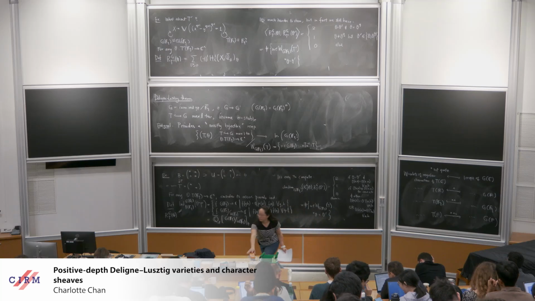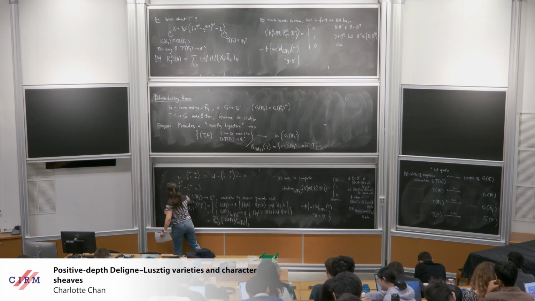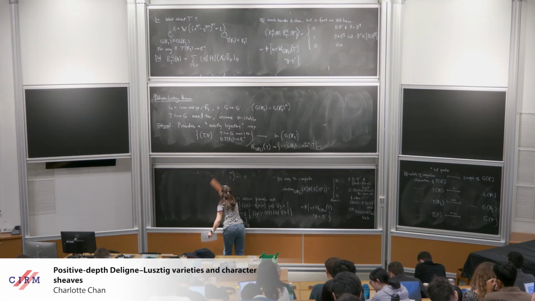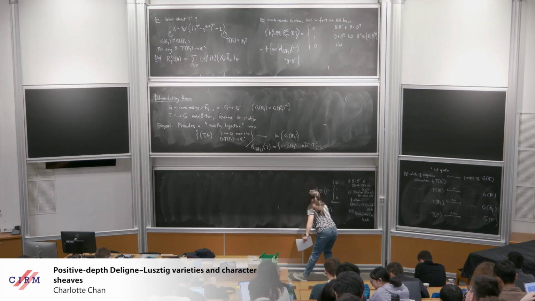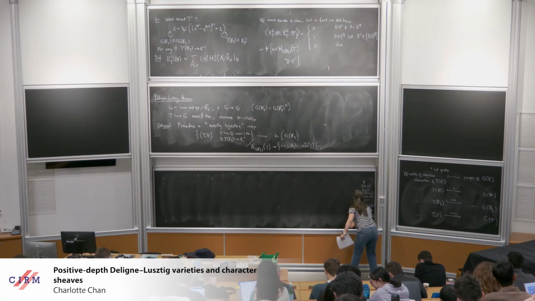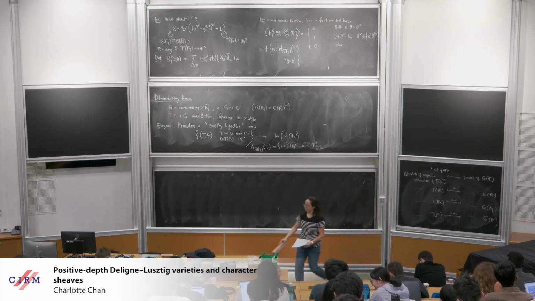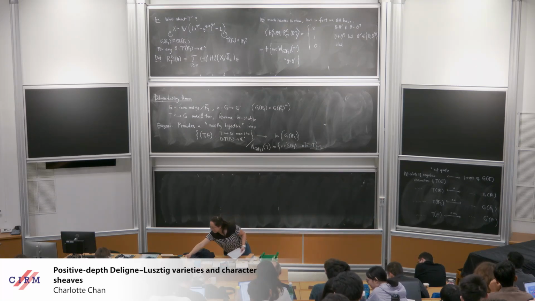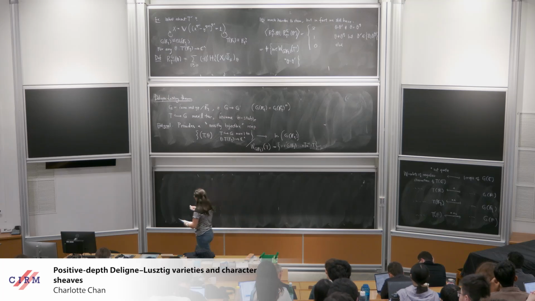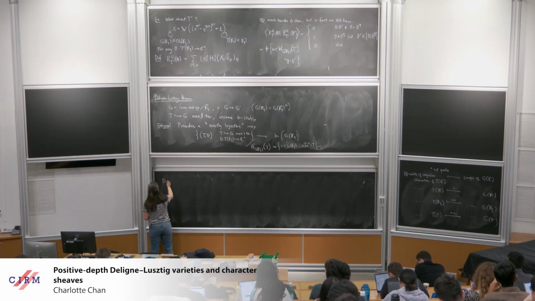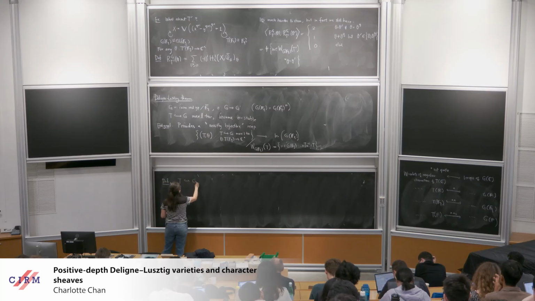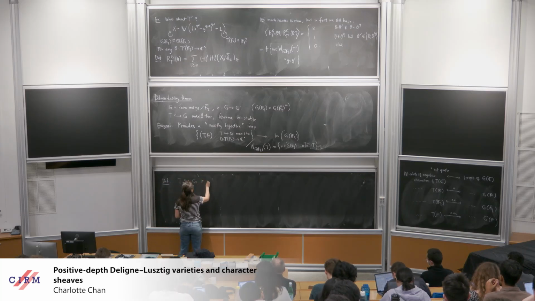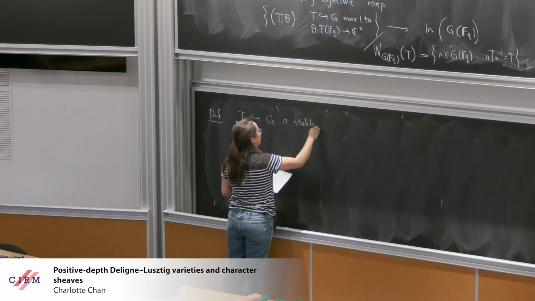Okay, so what's the general definition? The general definition is I take T inside G to be a sigma-stable maximal torus.